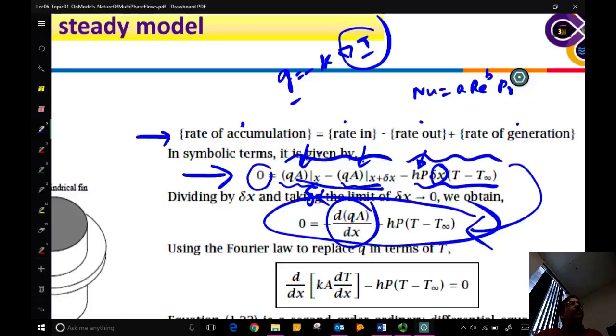Okay, now when it doesn't fit, what do we do? When it is not linear, for example, if you plot q versus delta T and it's not linear, you say maybe thermal conductivity is a function of temperature. Okay, so you try to develop that data at different temperatures and try to fit k as a function of T. So there is a lot of empiricism involved in proposing a model like that.